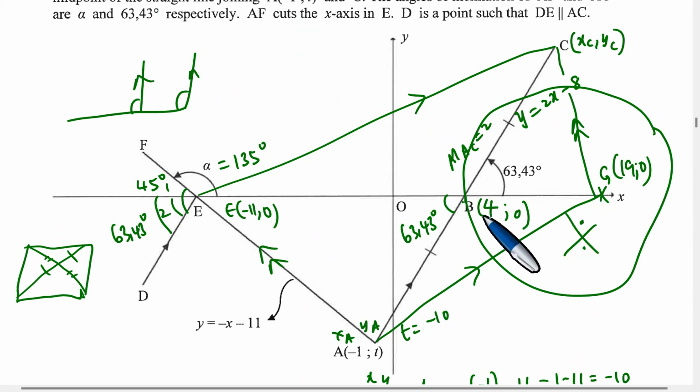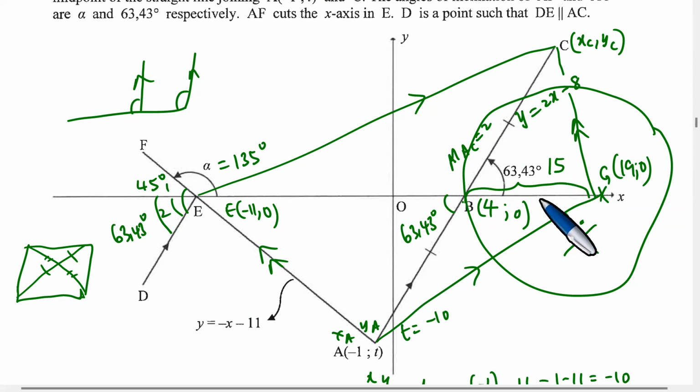And so what we're getting at this point is that we know the coordinates of G. If the y coordinates are the same, it means obviously we can easily get the distance. What is the distance between 19 and 4? It's 19 minus 4, which is 15. So the distance from here to there is 19 minus 4, which is 15 units.